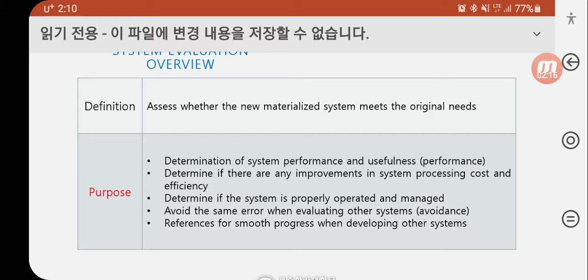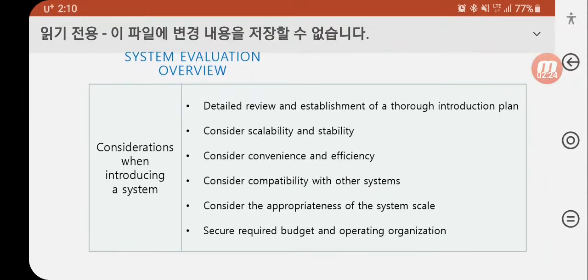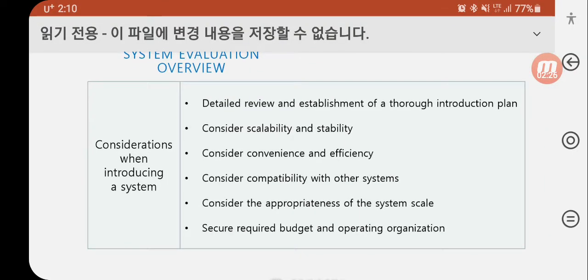So, what are some things to consider when evaluating a system? First, you need to consider detailed review and establishment of a thorough introduction plan. Then consider scalability and stability.